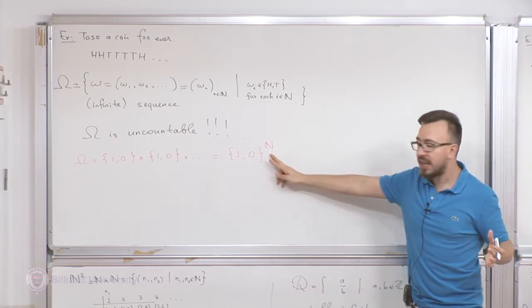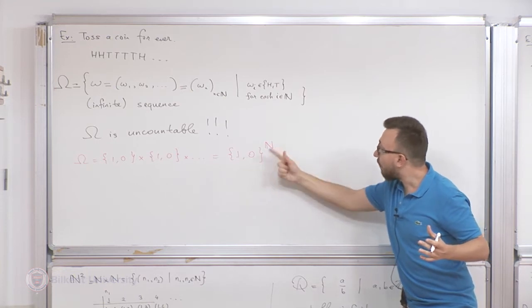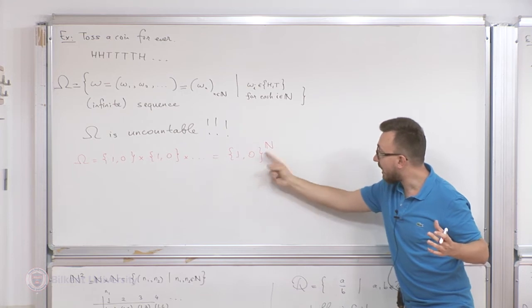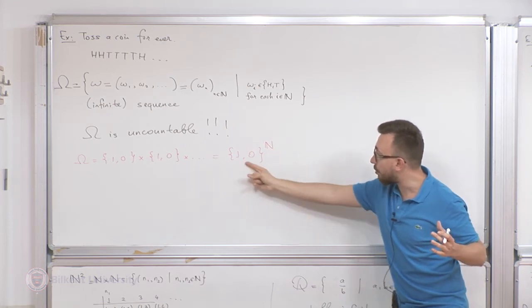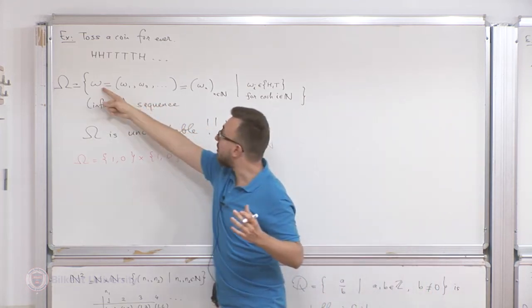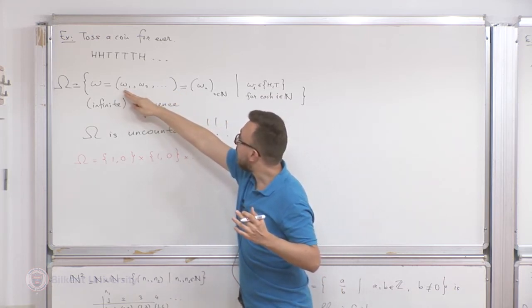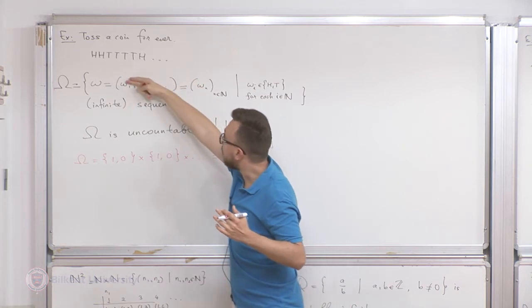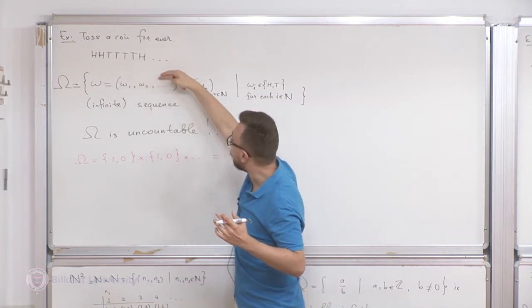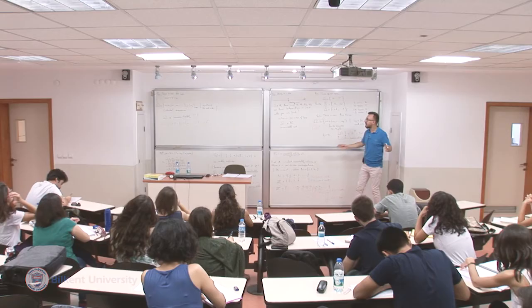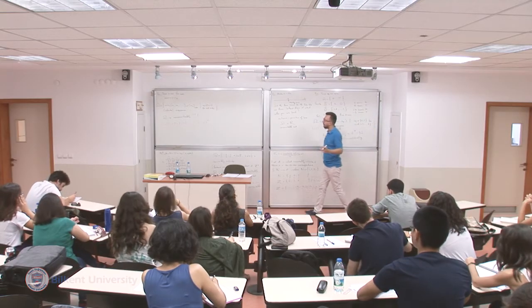This means the set of all functions from natural numbers to {1, 0}. Indeed, the outcomes are functions from natural numbers to {1, 0}. So this is like an infinite Cartesian product.